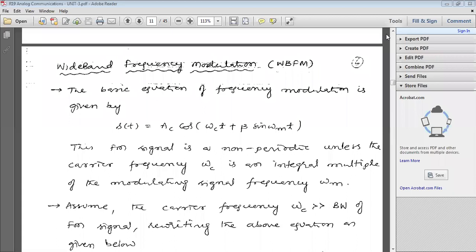Already in previous class we observed the signal for narrowband frequency modulation. Finally it resembles AM. So like AM, the narrowband frequency modulation also has three components, that is carrier frequency, upper sideband and lower sideband. Now in this class you observe the wideband frequency modulation signal.